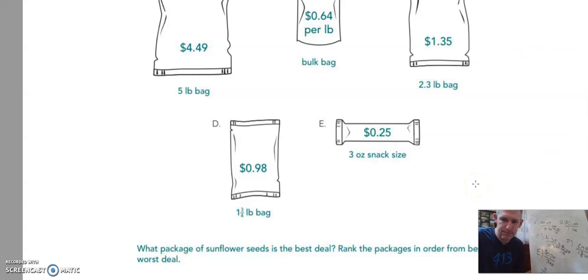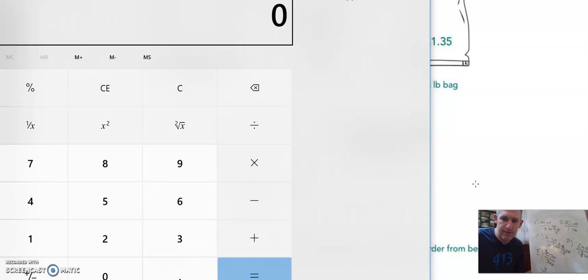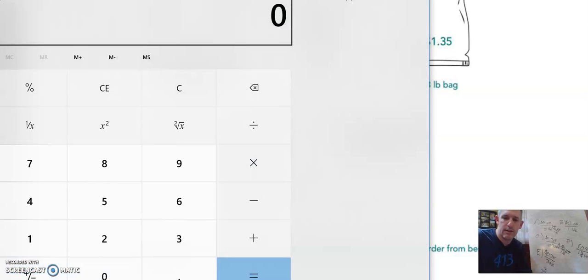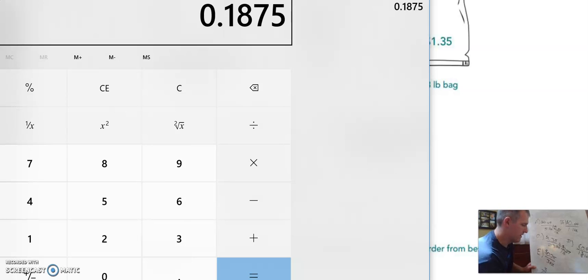Bear with me here. 3 divided by 16 equals 0.1875.